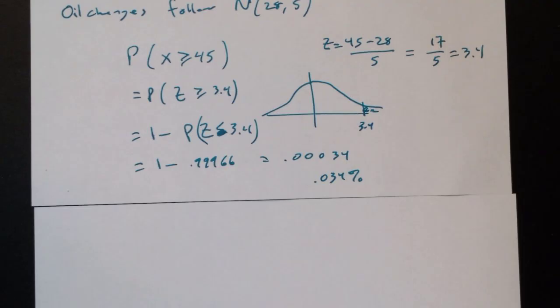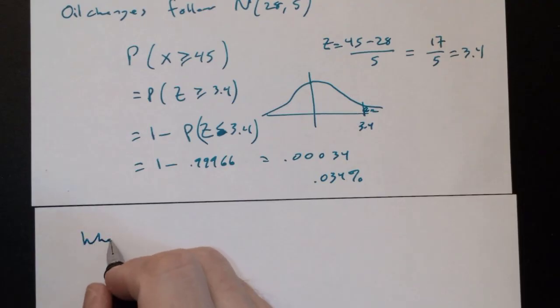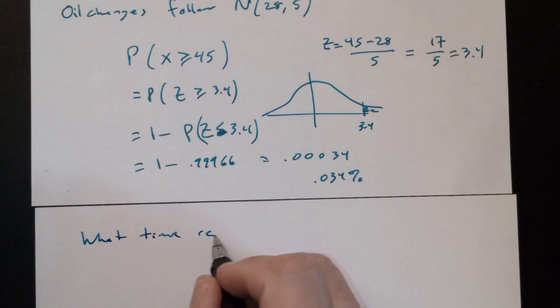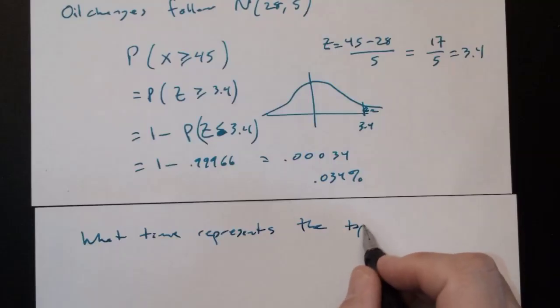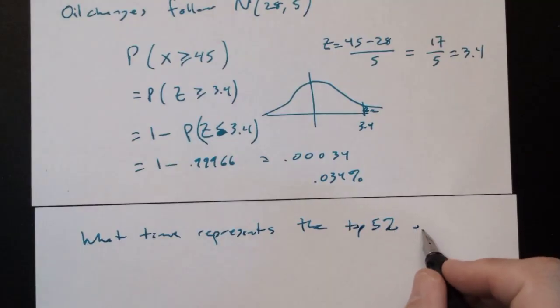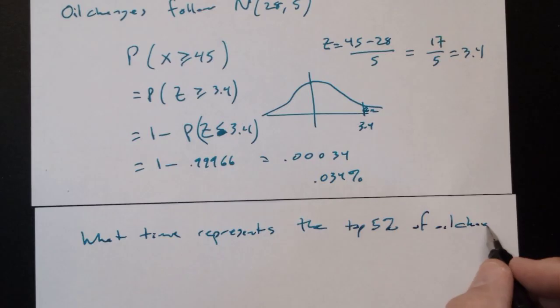But if I said that the right line to draw was the top 5%, I could ask the question again. What time represents the top 5% of oil changes?